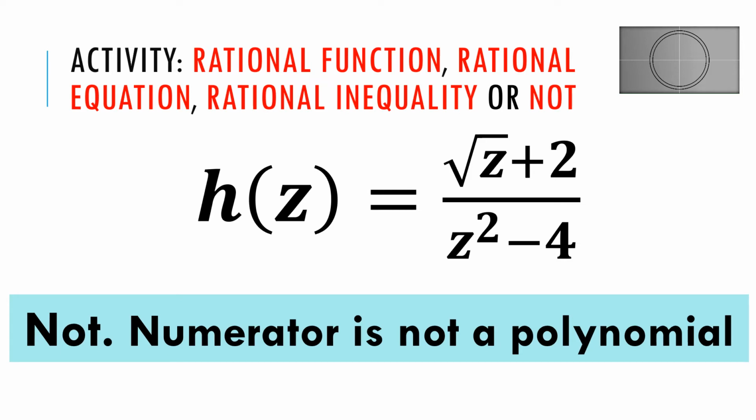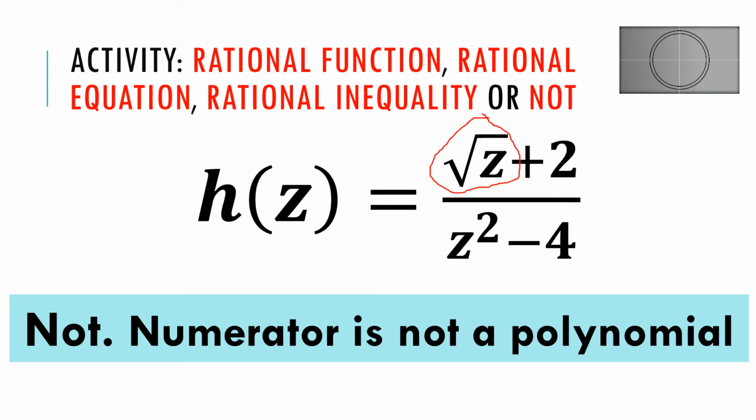Not a rational equation. This is not a rational inequality. Bakit? Kasi ang numerator ay hindi polynomial. Again, kailangan ang numerator and denominator ay polynomial. Pero dito, in this case, I will show you bakit siya hindi naging function. Kasi, because of this square root.